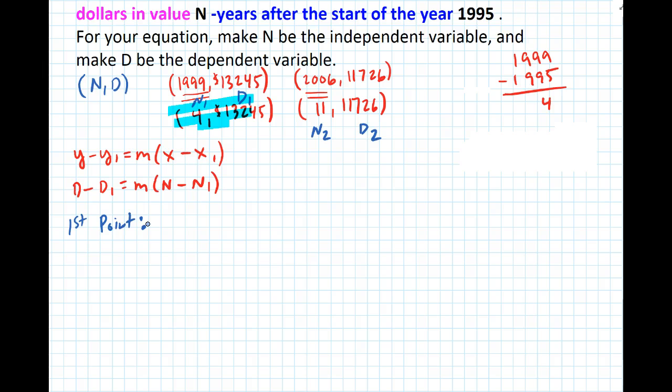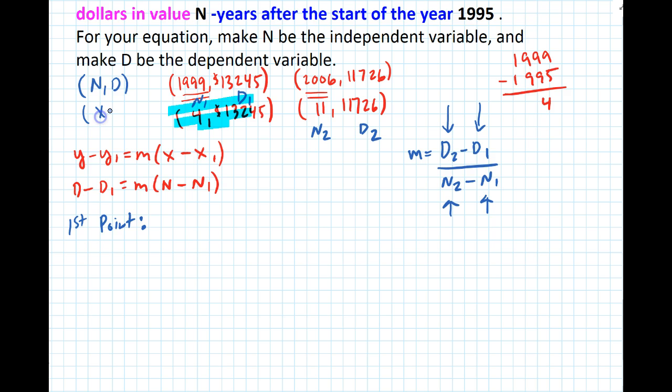Okay, so they don't give us the slope, so the only way to find the slope is to use the slope formula, which would be d2 minus d1 all over n2 minus n1, because these are like y values and these are like x values for this particular problem, x comma y.